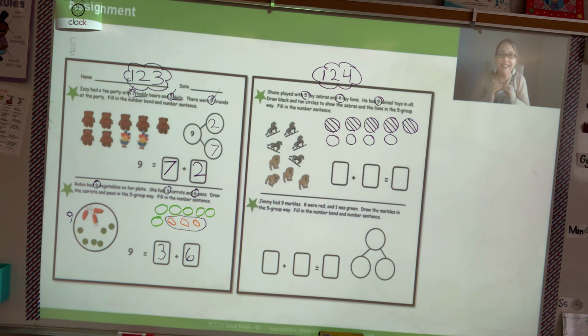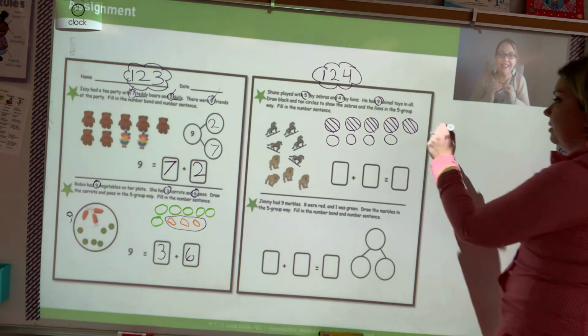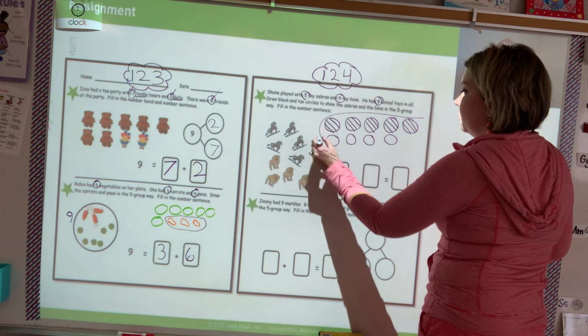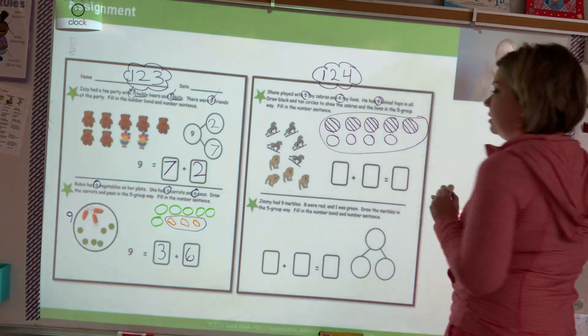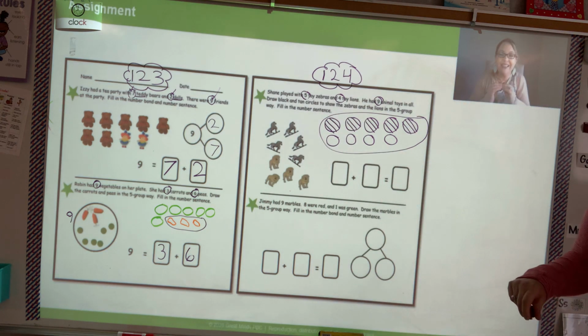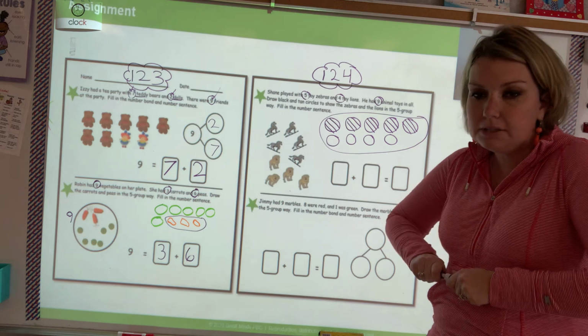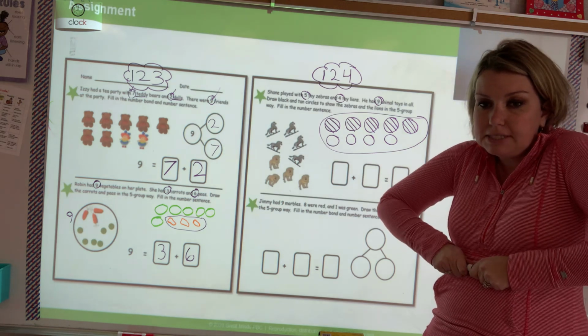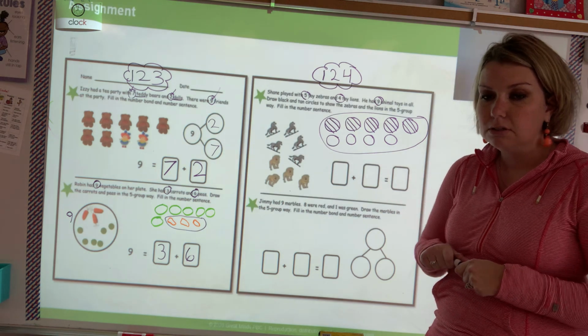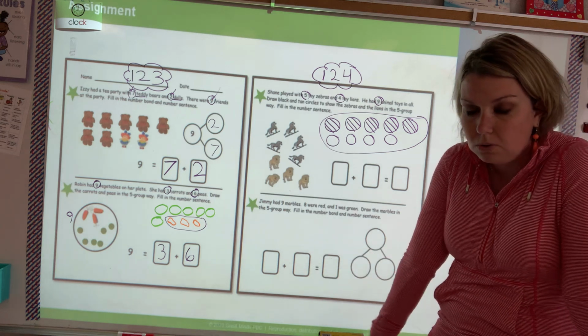Now, I want to start out with my whole. I want to get my whole out of the way. What is my whole and where does it go? Who can tell me? Raise your hand. What is my whole and where does it go? Jonyan, what's my whole?